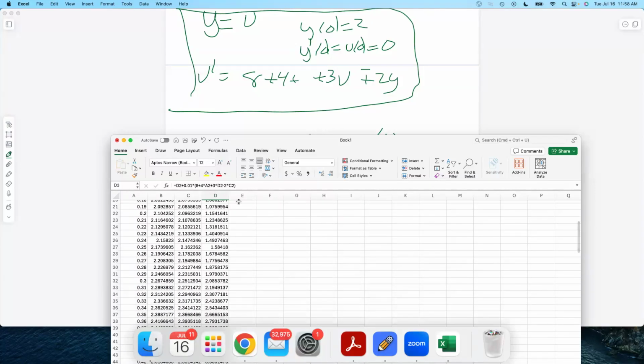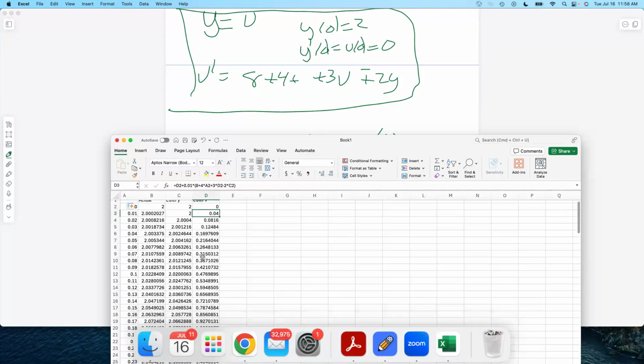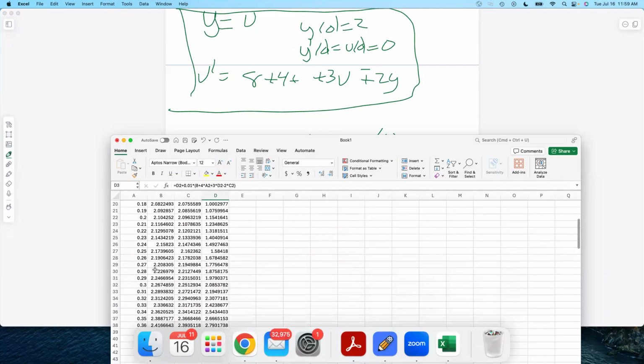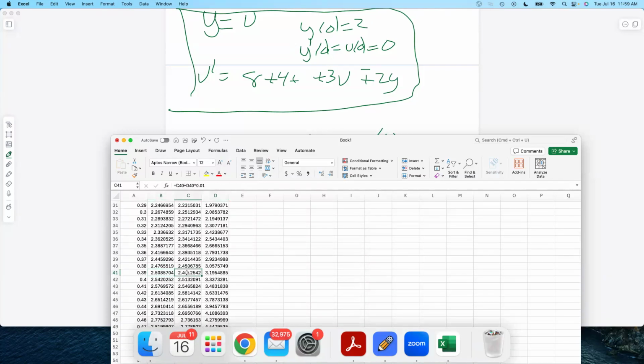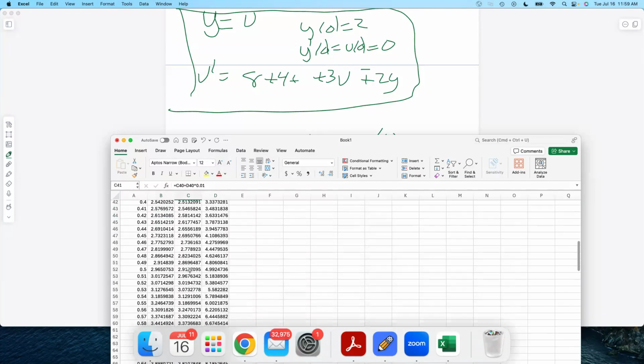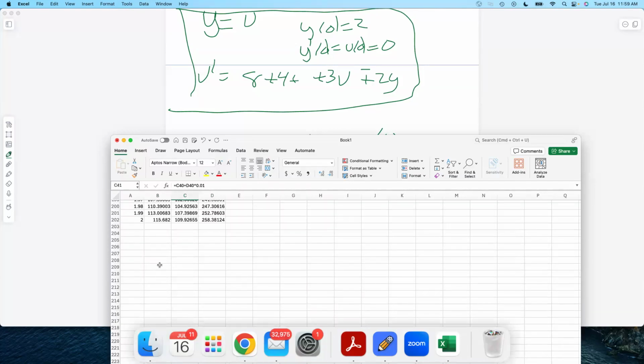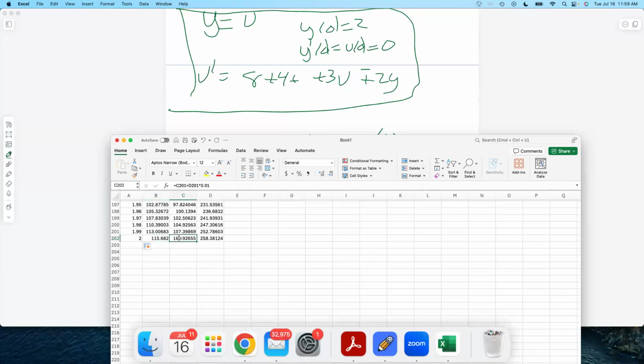And now we can see, I don't really care about this column. This column isn't doing me any good. I'm not going to graph it unless I wanted T versus V. If this were position and velocity, sure, maybe I want to graph velocity. But what I'm really checking here is how close these are. And look, that's a pretty good fit. And that's going to be true all the way down. Like, look, you can see we're diverging a little bit.